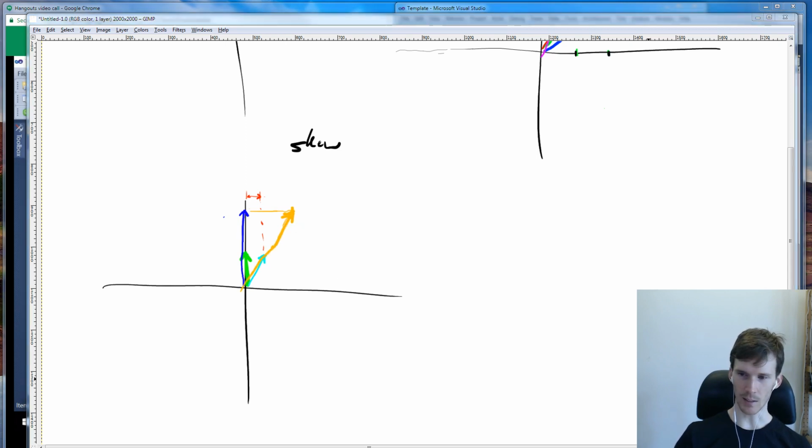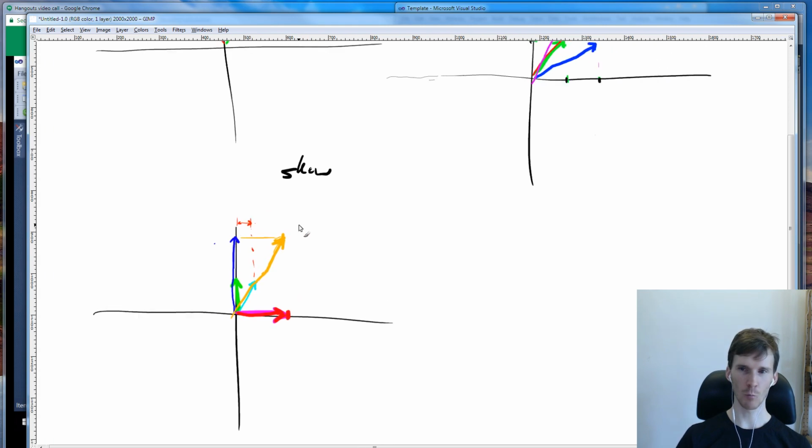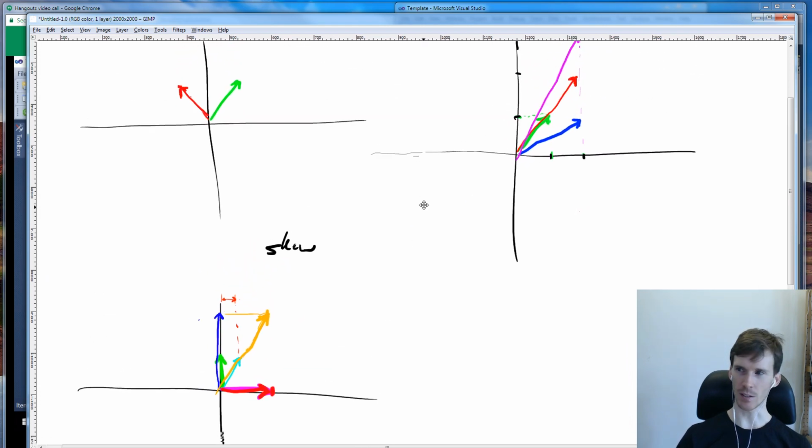Whereas if we had, say, this vector, that vector stays the same. So the result of applying a skew matrix is this exact same point there. So it sort of shifts along a single axis. So that's sort of some interesting things you can do.